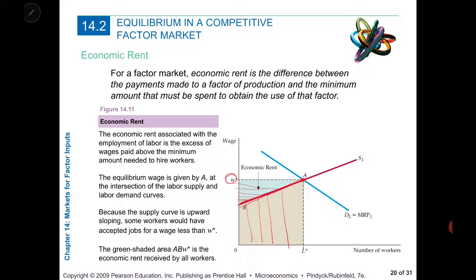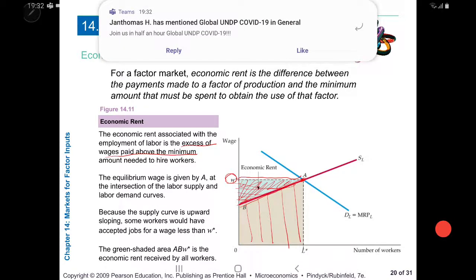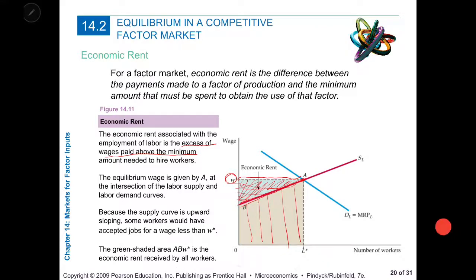But because you pay only one price, the same price, this green area represents the excess of wages paid above the minimum amount needed to hire the workers. The minimum amount needed was the amount that they were already willing to be hired for, but you paid them all W. So the difference here is called economic rent.